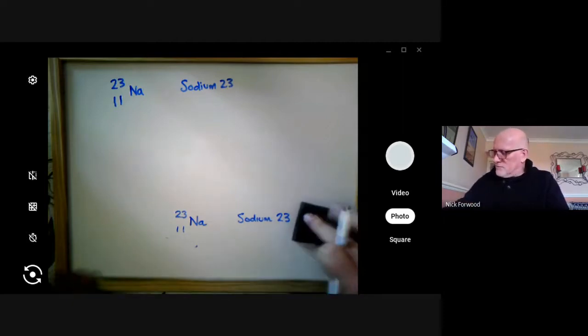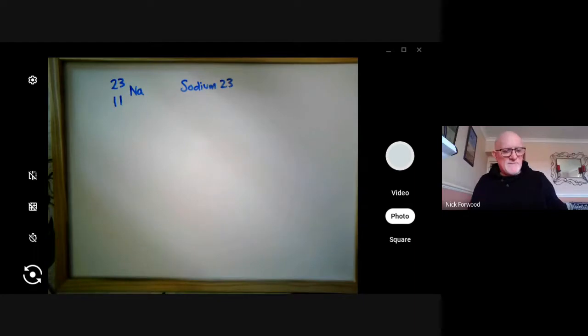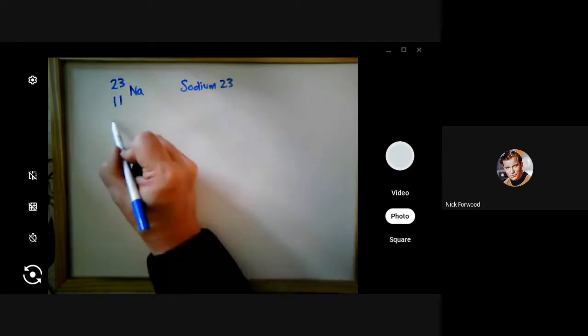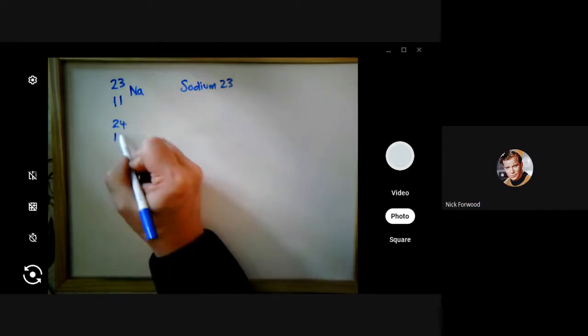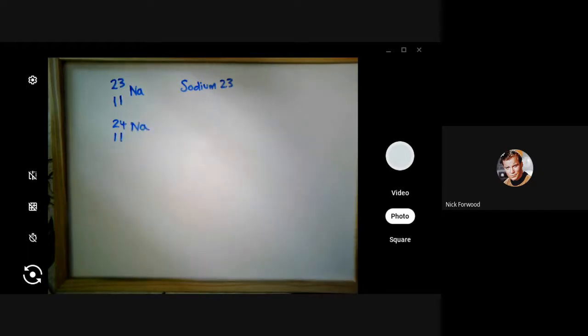Now sodium always has 11 protons, but you can have a type of sodium, what's called an isotope of sodium, which has got perhaps one extra neutron, in which case it would look like this in its notation, and you'd call that sodium 24.